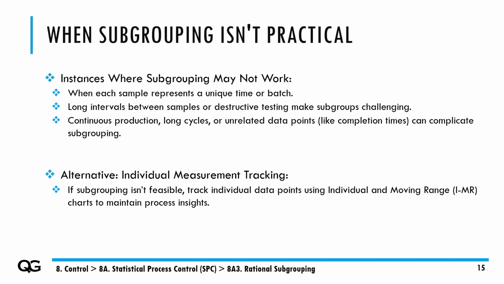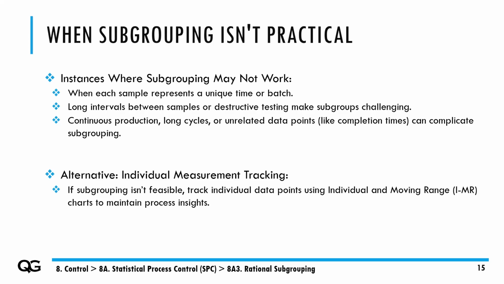You don't want to destroy 4 items, 5 items every hour. That might limit your ability to take a bigger subgroup size. You might have to stay with a single one. Or maybe the test or the measurement which you are doing on these samples might be complicated. So in that case also you might want to go with a smaller subgroup and might end up with a single item in each subgroup.